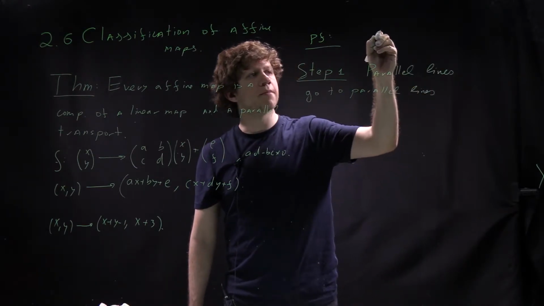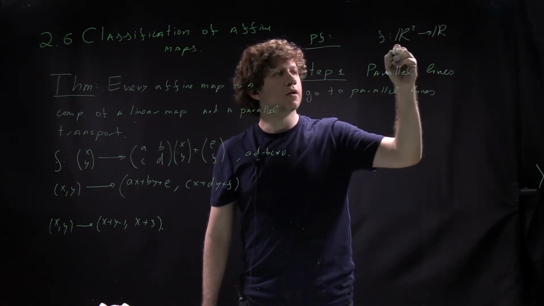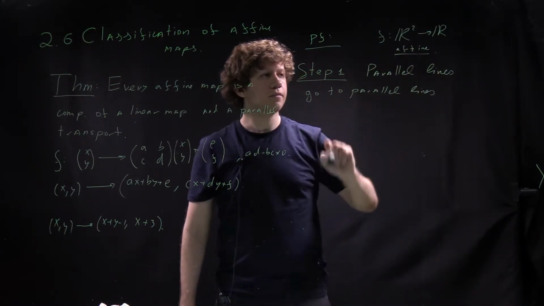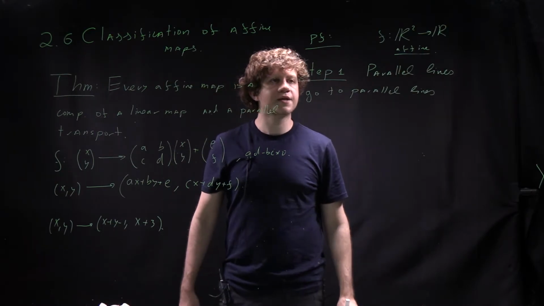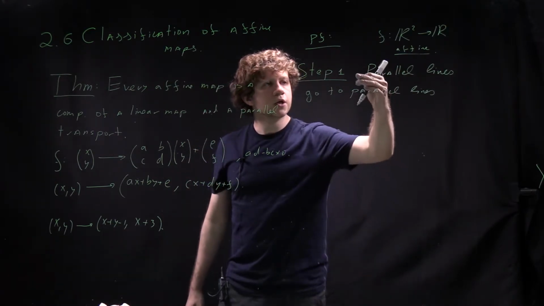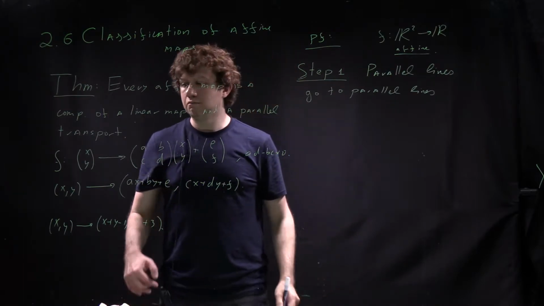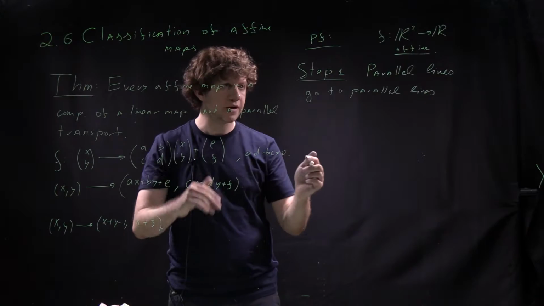So I assume that I have F from R2 to R2, which is affine, and then I will prove certain properties. So parallel lines go to parallel lines. Affine transformations preserve this notion for lines to be parallel.